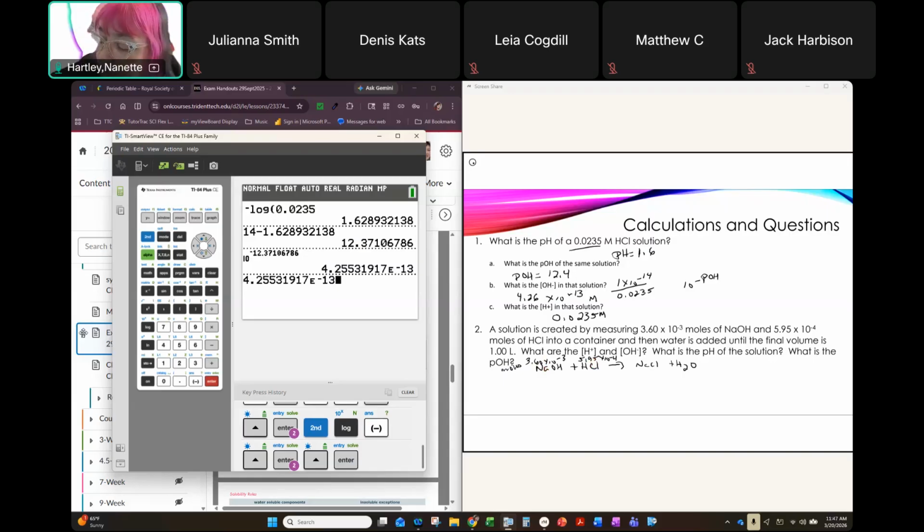So I can take 3.60 times 10 to the minus 3 moles and subtract the 5.95 times 10 to the minus 4th moles. Because all of the 5.95 is going to react with this NaOH, and so that's going to go away. So what I will have left is the difference between the two of them.